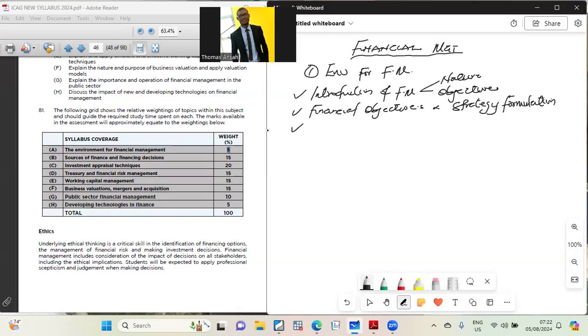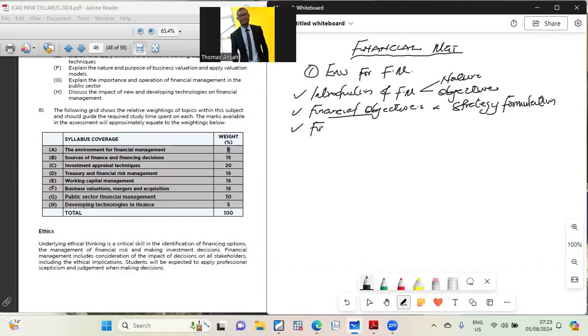Then, after knowing the financial objectives and strategy formulation, the next thing to understand is the financial and other objectives of not-for-profit making organizations. You have financial objectives and strategy formulation for a private or listed entity, but not-for-profit making organizations, like the public sector and service providers, also have their financial objectives.